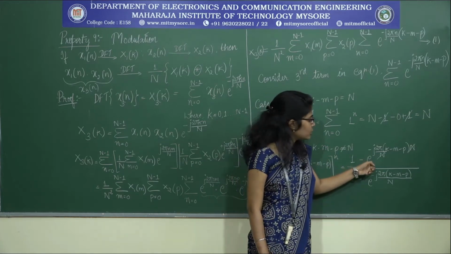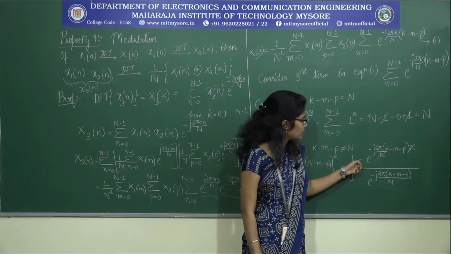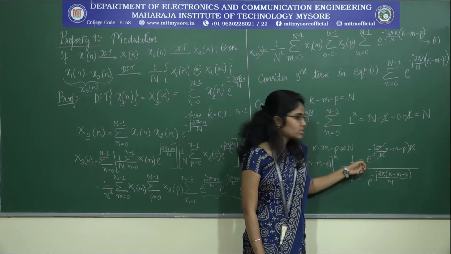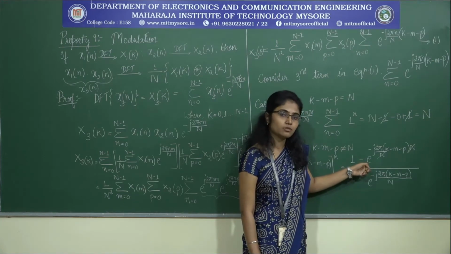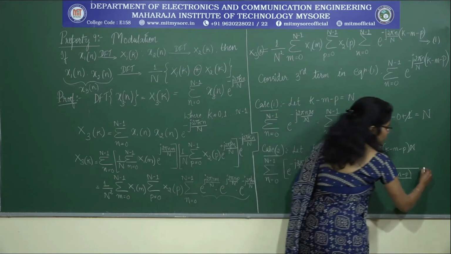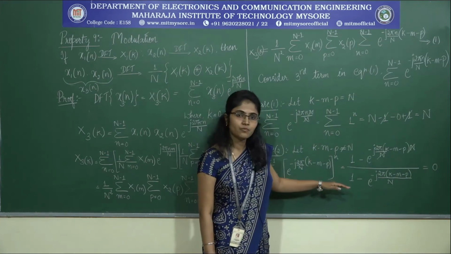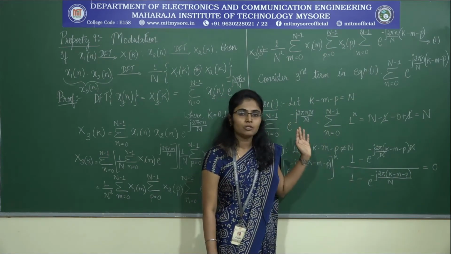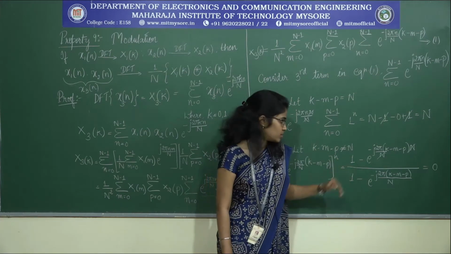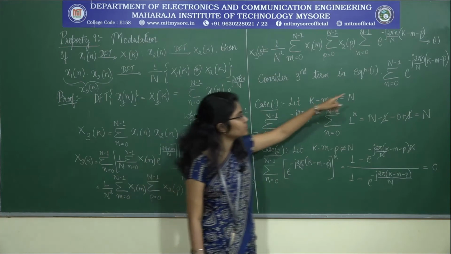If the exponential term is tending to 1, in the numerator we will get only 1 minus 1. So what is 1 minus 1? We know it is nothing but equal to 0. So 0 divided by anything gives us 0. So I will directly write it as 0. The same simplification we have done in the circular convolution property also. So this is with respect to case 1 and case 2 of the third term.